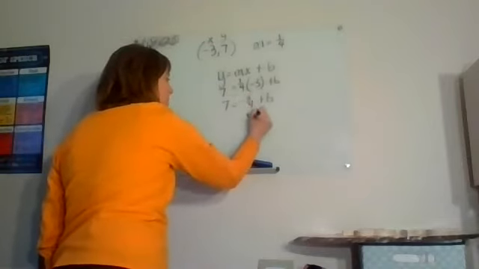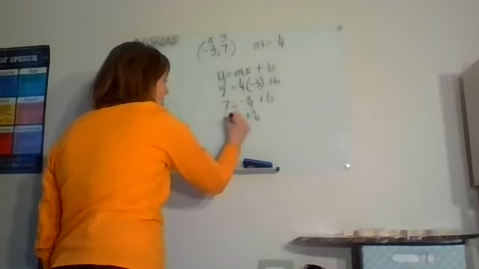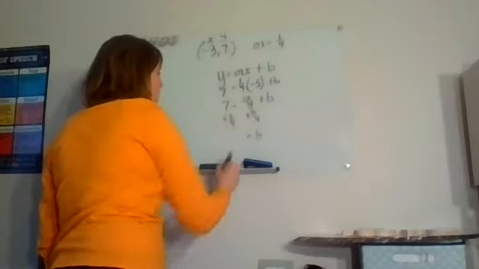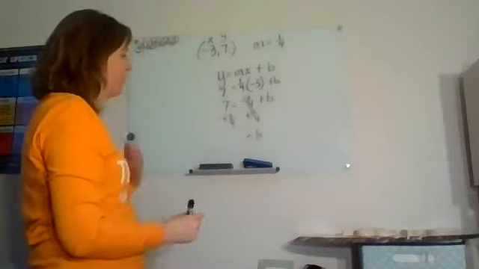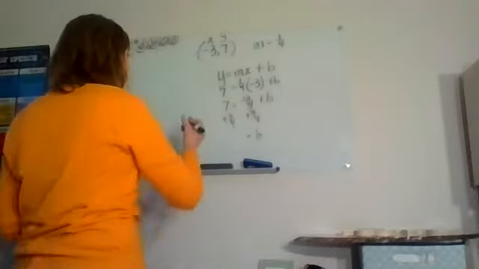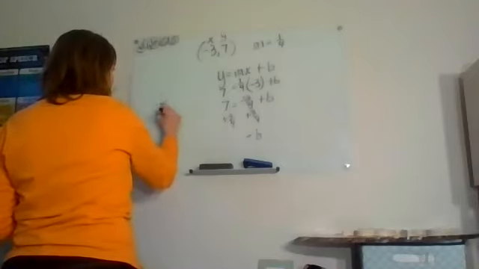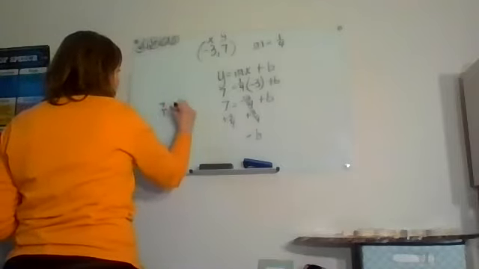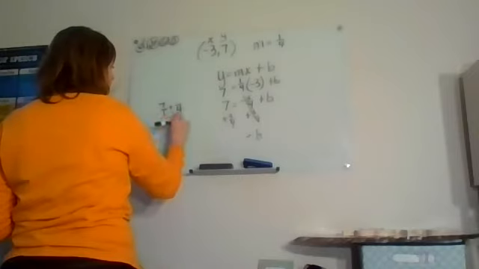I'm going to add 3/4. Again, we just talked about fractions. So b would be 7 plus 3/4. You can leave it in that format, 7 and 3/4, or you can convert 7 over 1 equals what over 4?